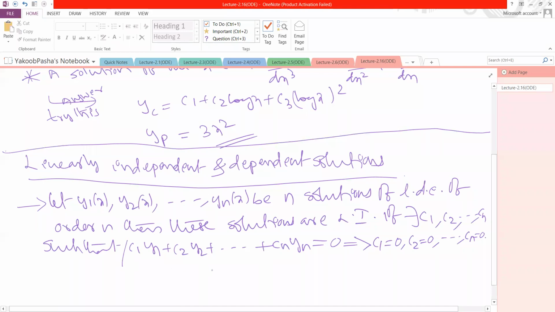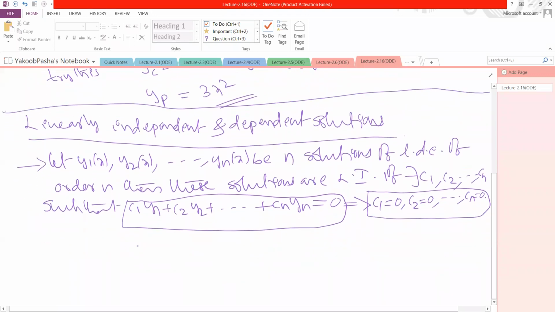If the linear combination of n solutions is 0, then each and every constant should be 0. In this case, we say that the solutions y1, y2 up to yn are linearly independent solutions.